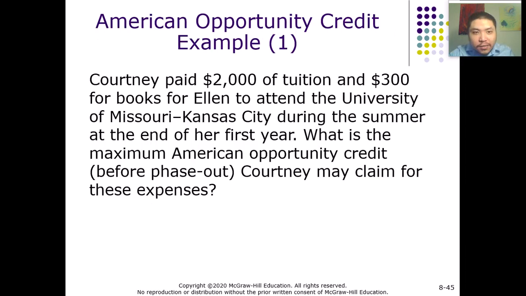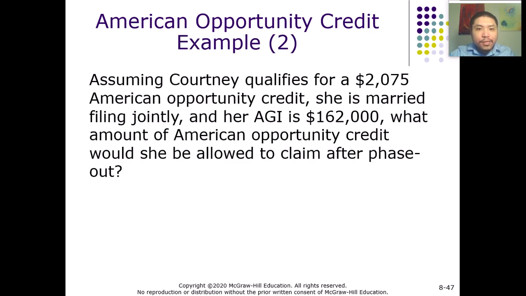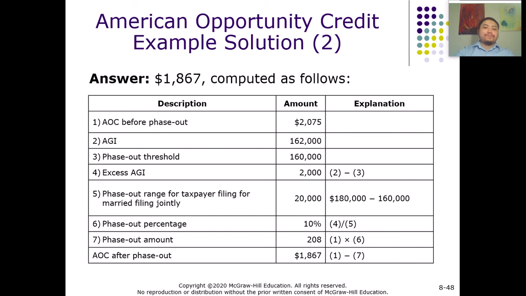What is the tax filing status of Courtney? They don't mention it here, but let's see how they do it. Here they assume Courtney is married filing jointly with someone. That's why they use the range of $160,000 to $180,000.